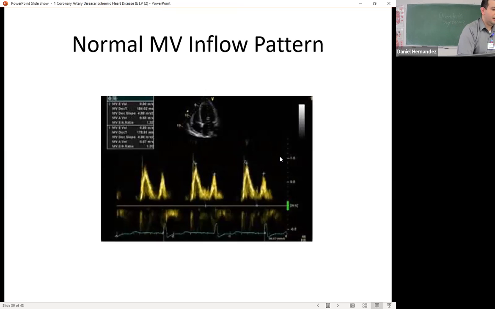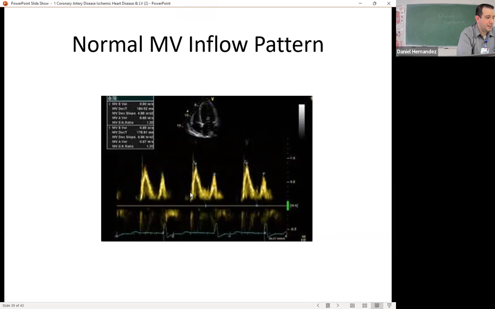So this is a nice pulse wave Doppler tracing of our mitral inflow pattern. You can see a nice, crisp, sharp waveform. We use pulse wave because we want to sample exactly in the area where the mitral leaflet tips open at their narrowest point.